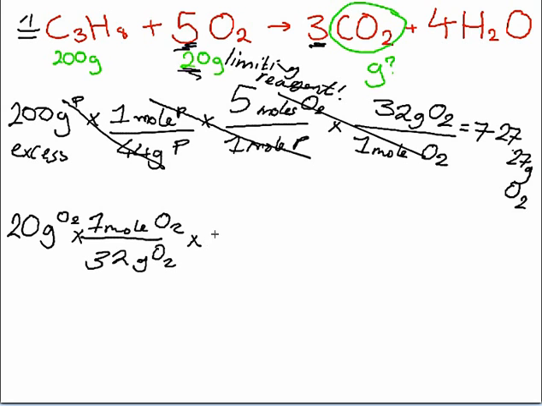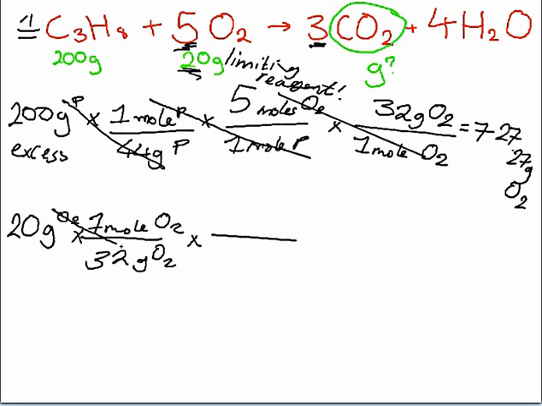Okay, now we need to do the connection between the oxygen and the CO2, what the question wants, because the question is how many grams of CO2, right? So we need to do the connection between the limiting reagent and what the question is asking of us, which is the CO2.